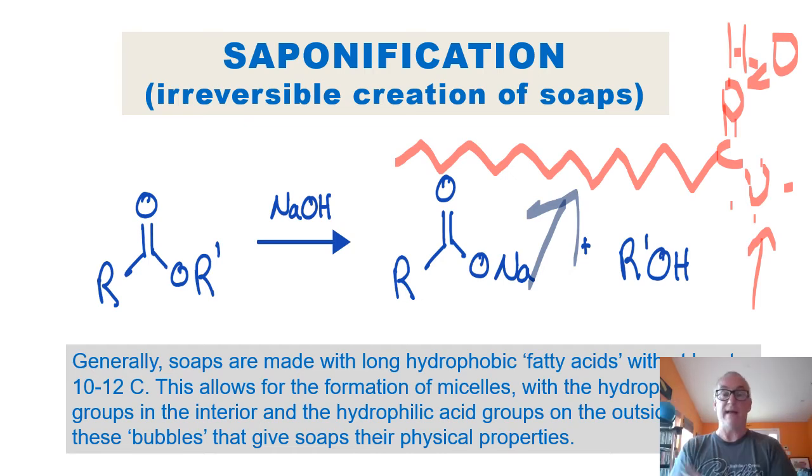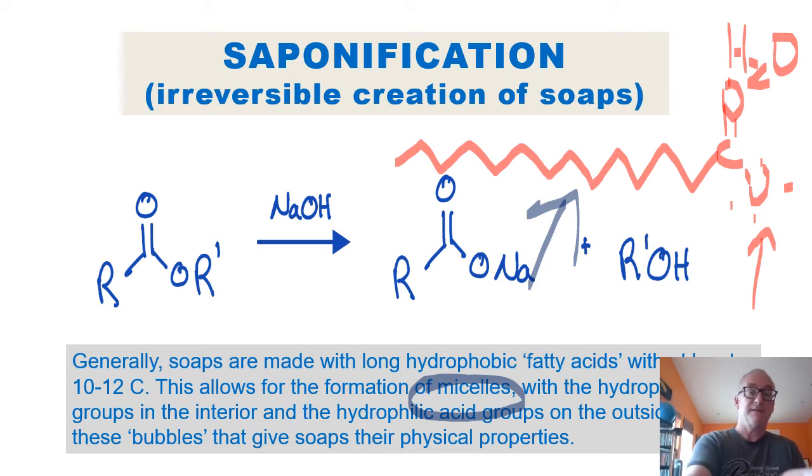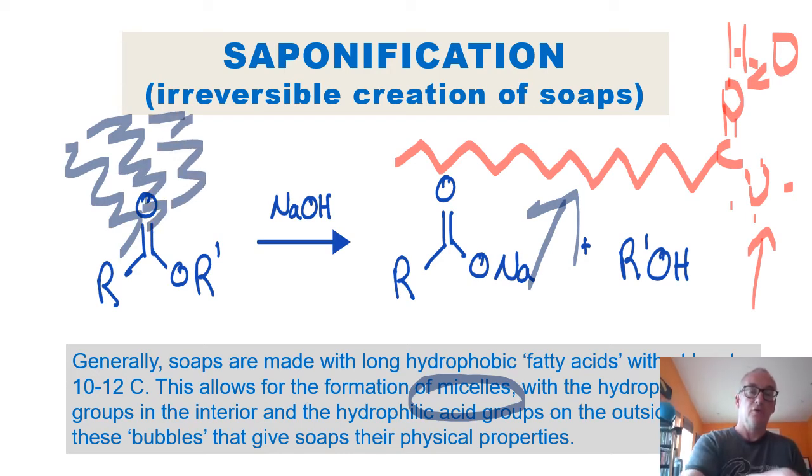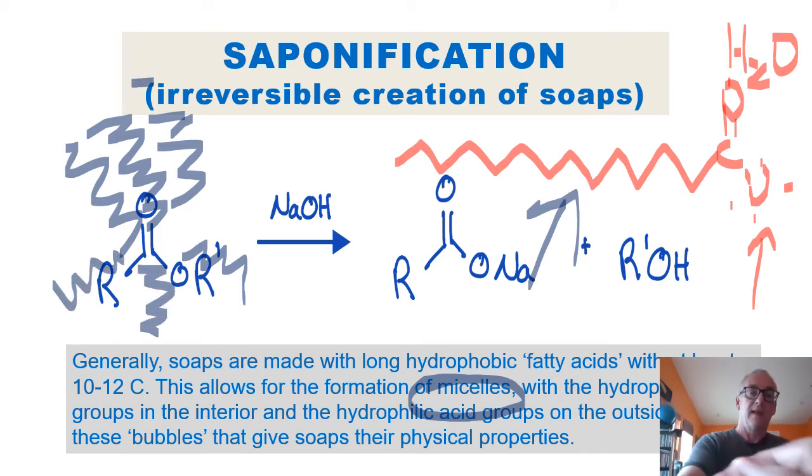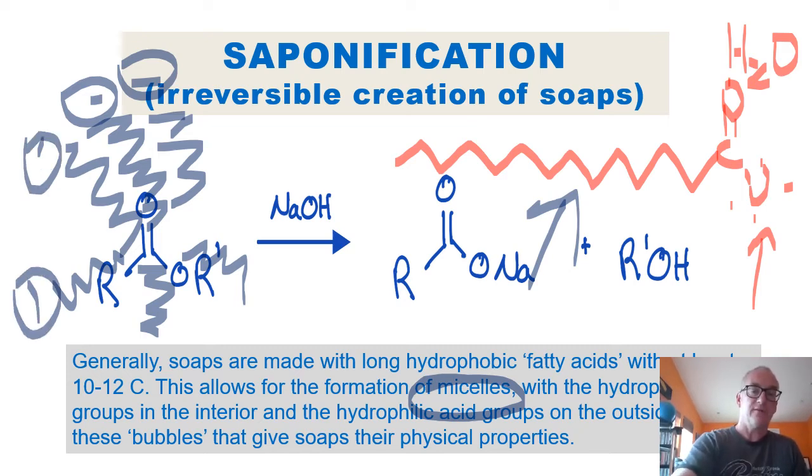So how do they do that? They form what's called a micelle. Now a micelle basically has all the hydrophobic groups together in the middle of a molecule, and then all the hydrophilic portions around the outside.